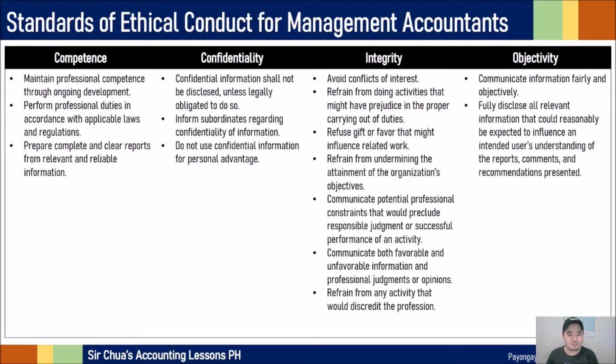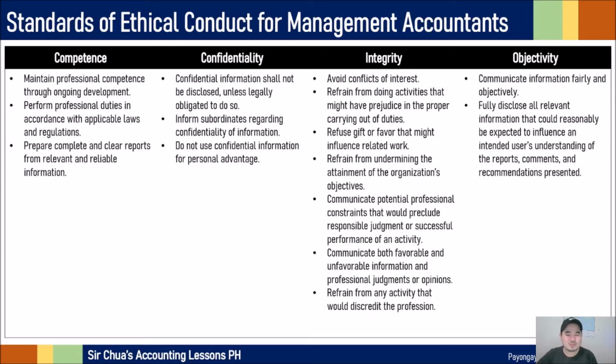You avoid conflicts of interest, you refrain from any activities that can affect the carrying out of your duties, you refuse any gift that would maybe affect your judgment. Refraining from undermining the attainment of the organization's objectives, communicating potential professional constraints that can affect the totality of the entity, and so on and so forth. Basically integrity is doing the right thing as a management accountant.